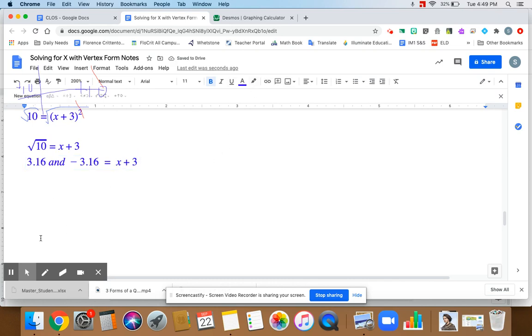So what's my last step in solving for x? I have to minus the 3 away, and I have to do it from all of them.